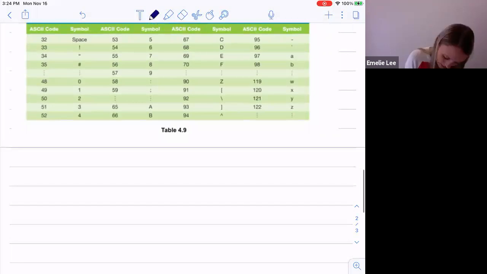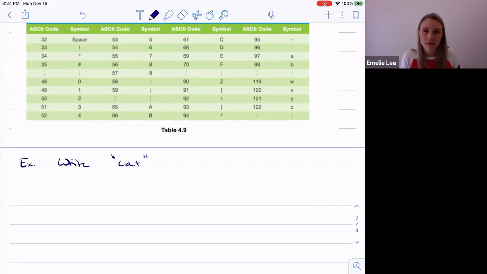So let's do a little example. What if we have to write the word cat, lowercase cat, in ASCII code?